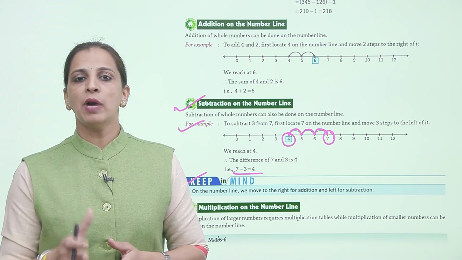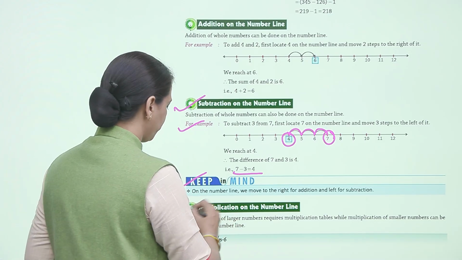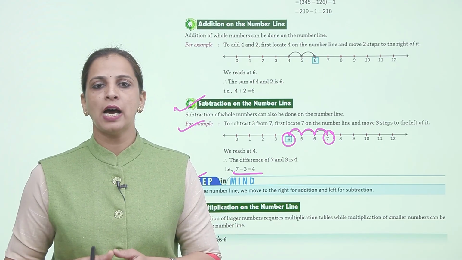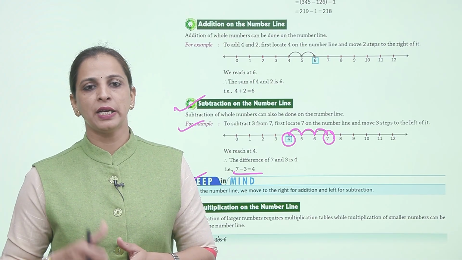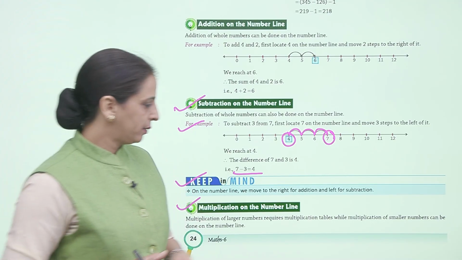Now next is multiplication on the number line. Multiplication of large numbers requires multiplication tables, while multiplication of smaller numbers can be done on the number line.